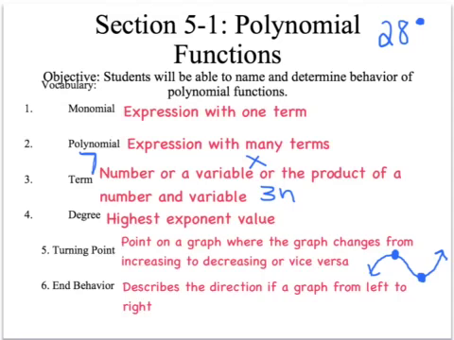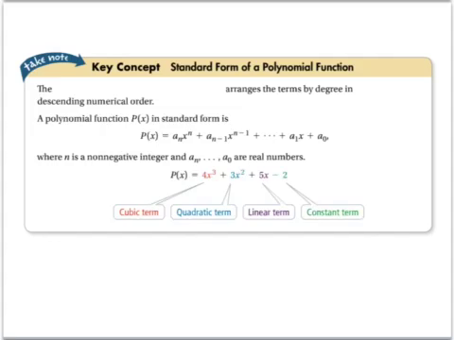And we're going to be naming things today, such as quadratics. But before you name something, you have to make sure it is in standard form. So the standard form of a polynomial arranges the terms by degree in descending numerical order.